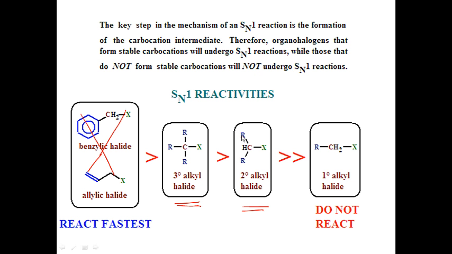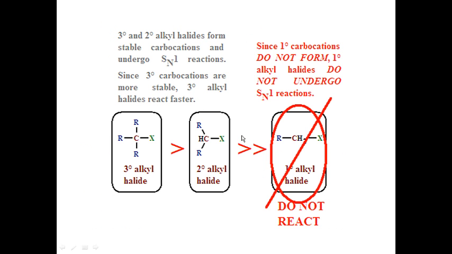They're just going to react SN1. We'll summarize all of those kinds of reactions on Friday. So all this says, the big red crosses say no primary carbocation, no SN1.